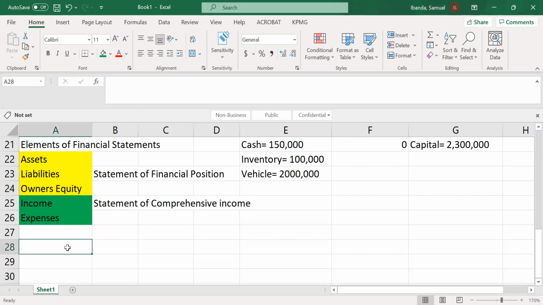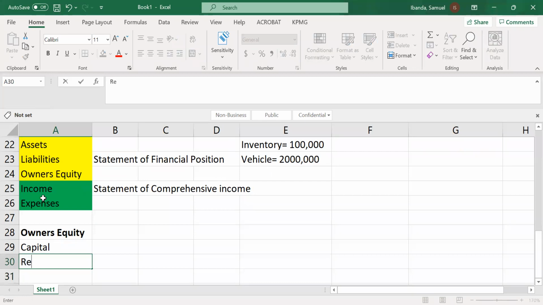That's why when we are doing our owner's equity, after capital, we also have items like retained earnings.